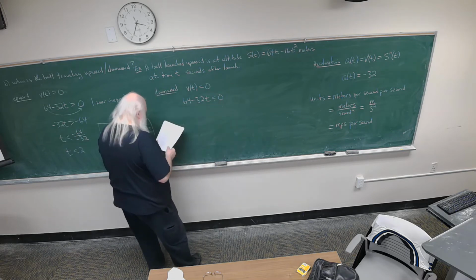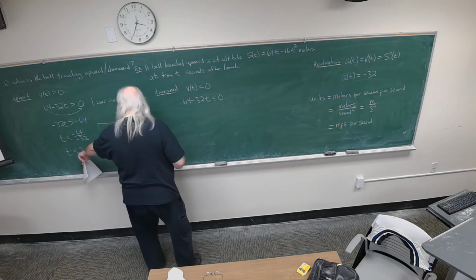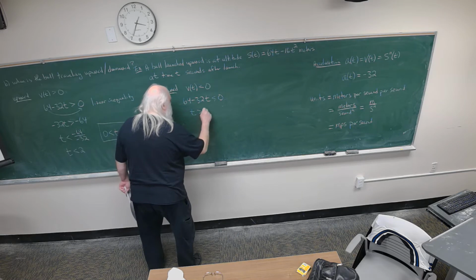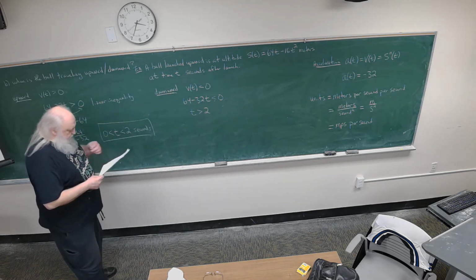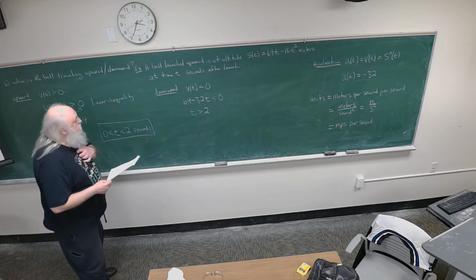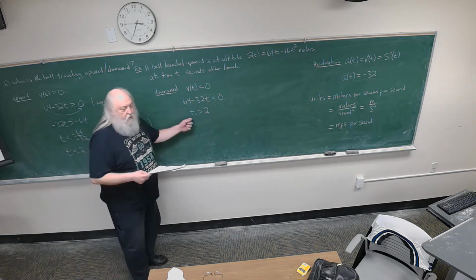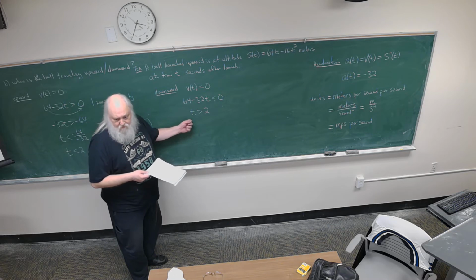And so now, when you solve this linear inequality, instead of t less than 2, you get t greater than 2. Now, is the ball moving downward when t equals 10? The answer is no.